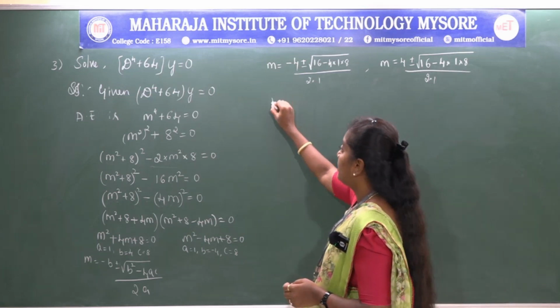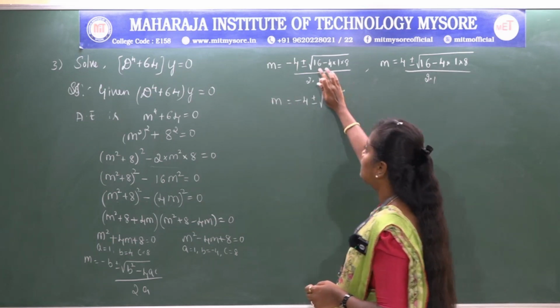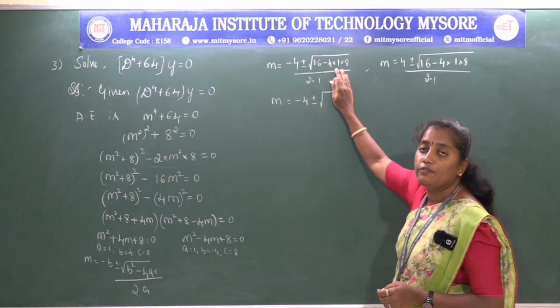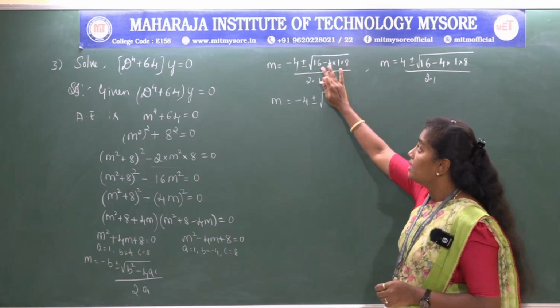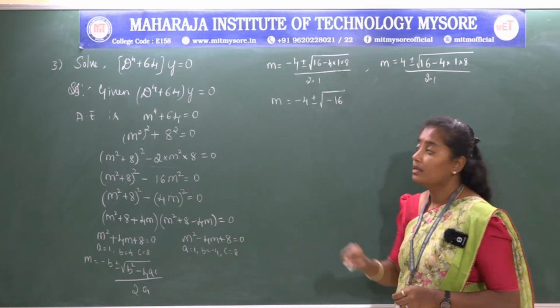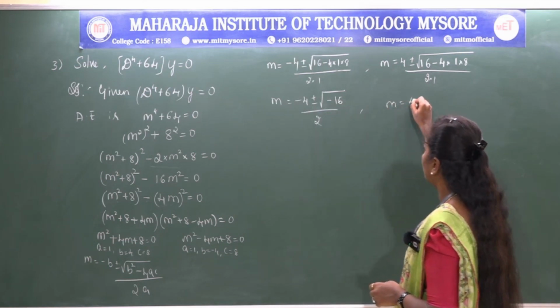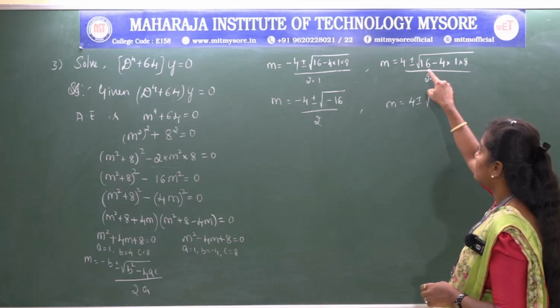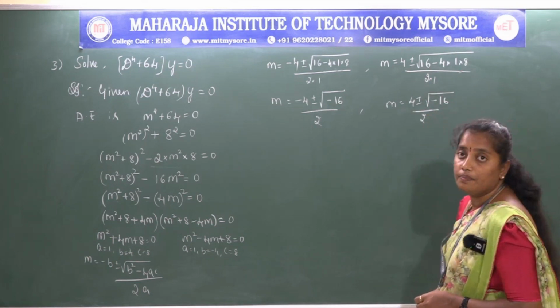Simplifying this again, m is equal to minus 4 plus or minus square root of 16 minus 4 into 8. Minus 4 into 8 is minus 32. 16 minus 32 is minus 16, divided by 2. In the second equation, 4 plus or minus, again 16 minus 32 is minus 16, divided by 2.